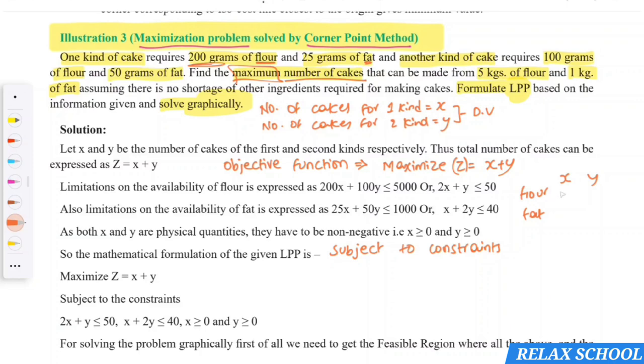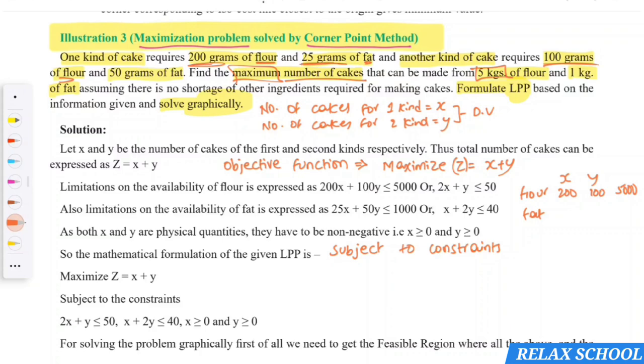It's 200 grams of flour. How much flour does y take? It takes 100 grams of flour. We have how many kgs of flour for both? It was 5 kgs. Because 200 and 100 are represented in grams, we are going to also represent flour in grams here, which would be 5 kgs, so 5000.